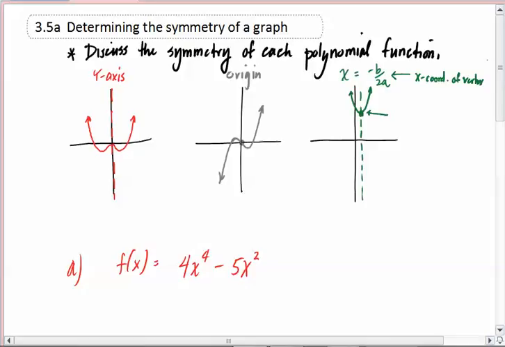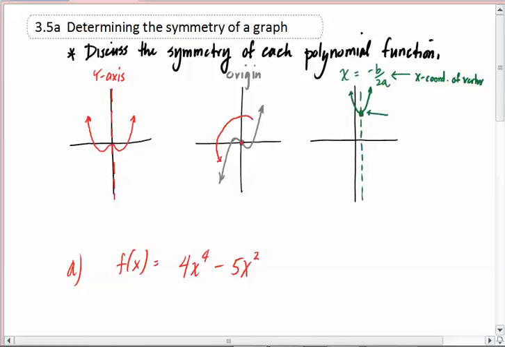Okay, so those two are line symmetry situations, but let's take a look at the middle one where we have a point symmetry. Now this point symmetry is called origin symmetry, and that means this. That means first of all that it passes through the origin, and that if I take it and I spin it 180 degrees, it would actually imprint on itself.